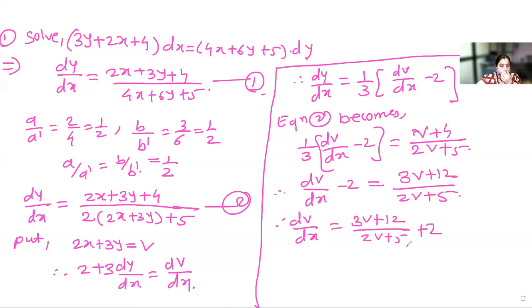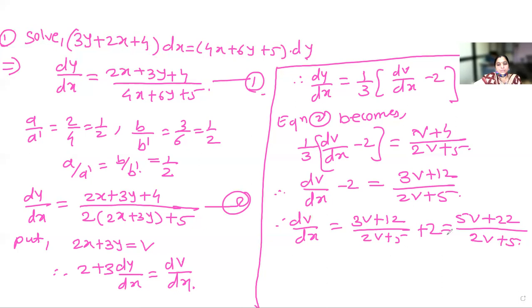Okay, so if we take the cross multiplication, here we got 3v plus 2v. How much we got here? 3v plus 2v, 5v. And 12 plus 5 into 2, oh sorry, 10, and 10 plus 12, here we got 22, over 2v plus 5.